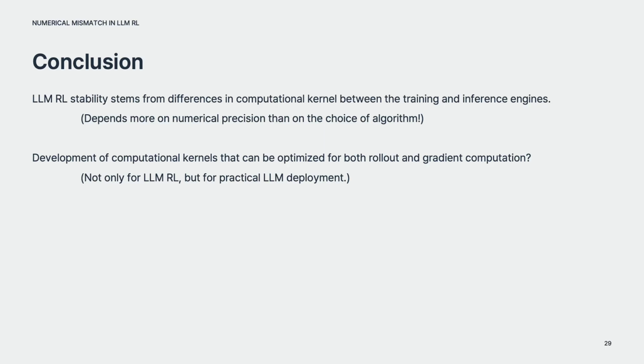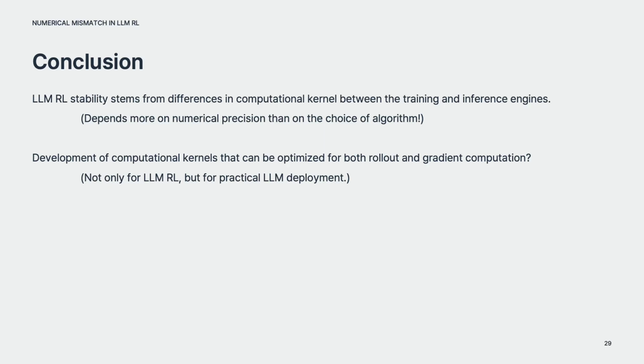This is something I personally became aware of while preparing this seminar, but if this mismatch indeed is a serious issue, it could have implications not only for LLM RL, but also for LLM deployment more broadly.